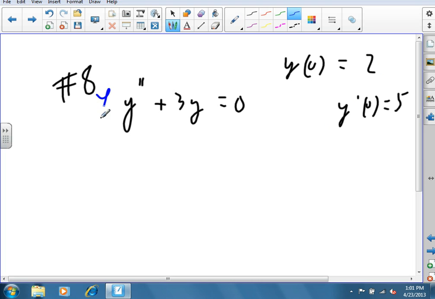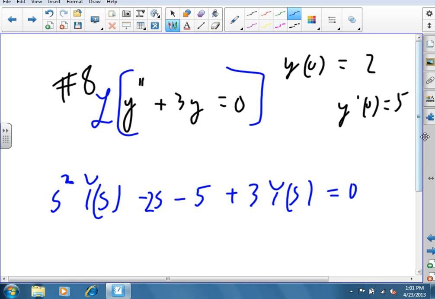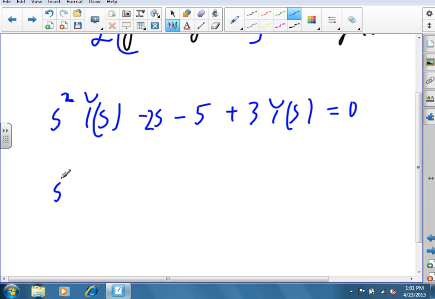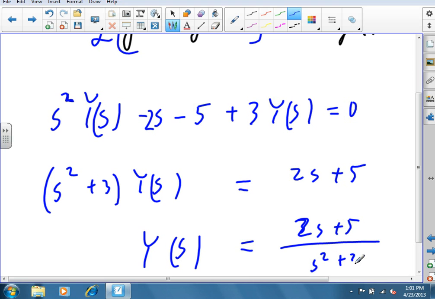I'm going to take the Laplace transform of the whole thing. s squared y of s minus s y at 0, which is 2s, minus y prime at 0, which is 5, plus 3y of s is 0. I've got s squared plus 3 times y of s is equal to 2s plus 5. So y of s is 2s plus 5 over s squared plus 3.